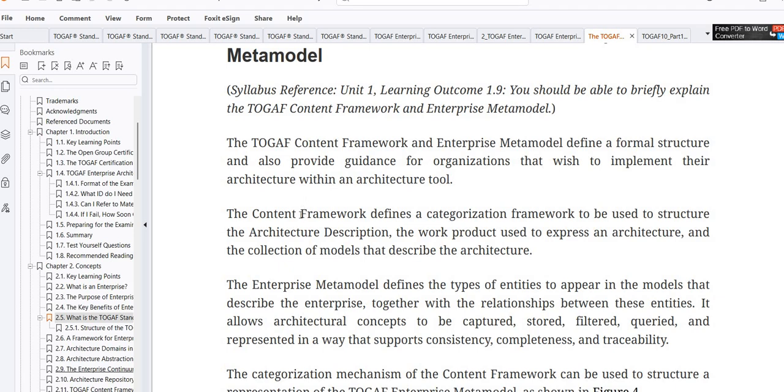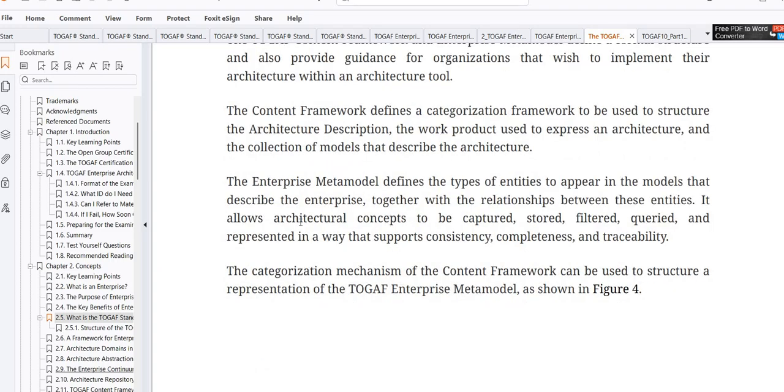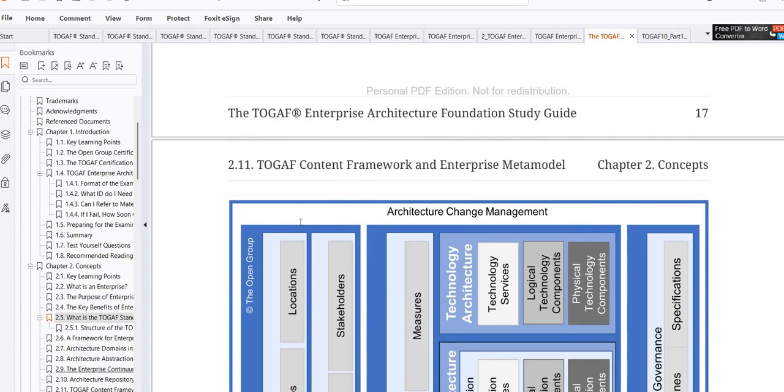The content framework defines the categorization framework to structure the architecture description into work packages and work products to express the architecture. The enterprise meta model defines the types of entities and the relationships between them.